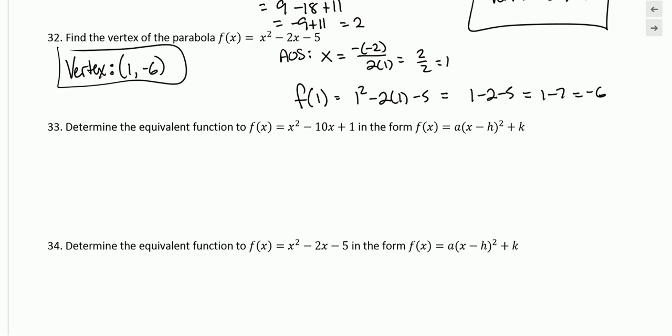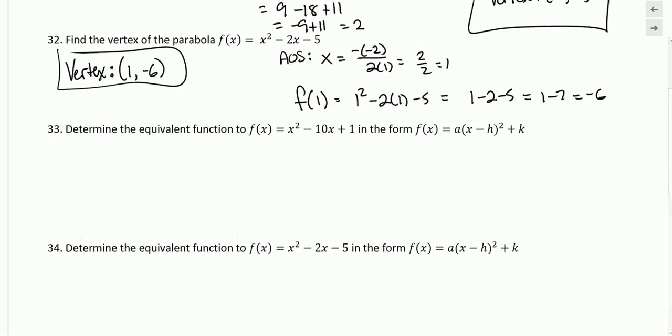33 and 34, we have equations in standard form that we want to write in vertex form. A couple ways we can do this. So method 1 is find the vertex like we did in 31 and 32.